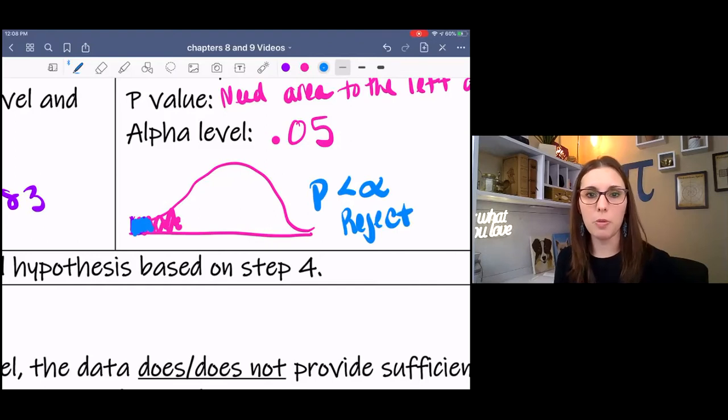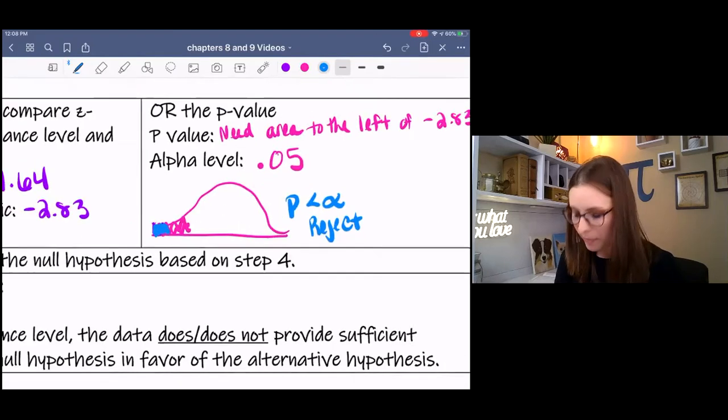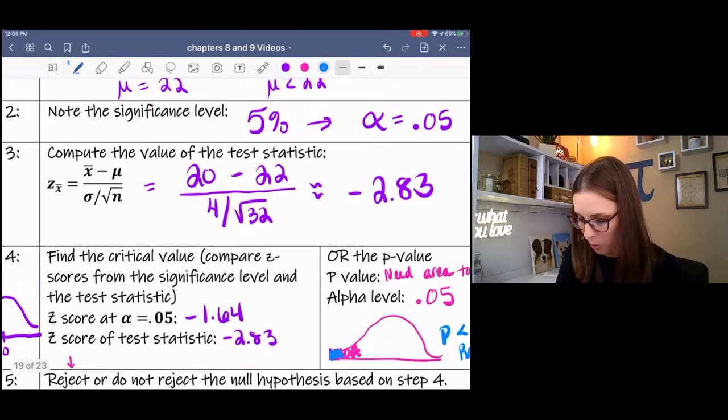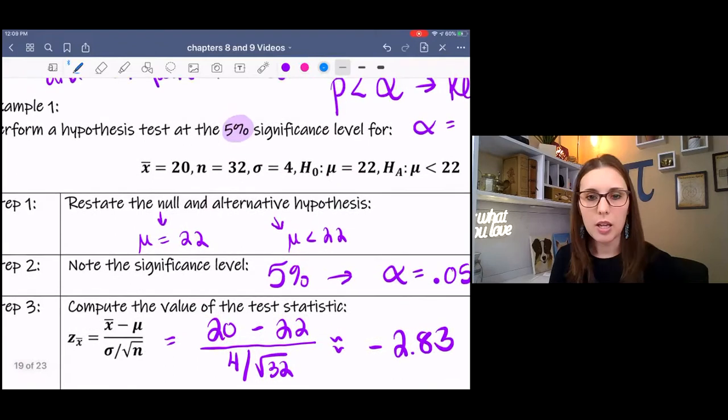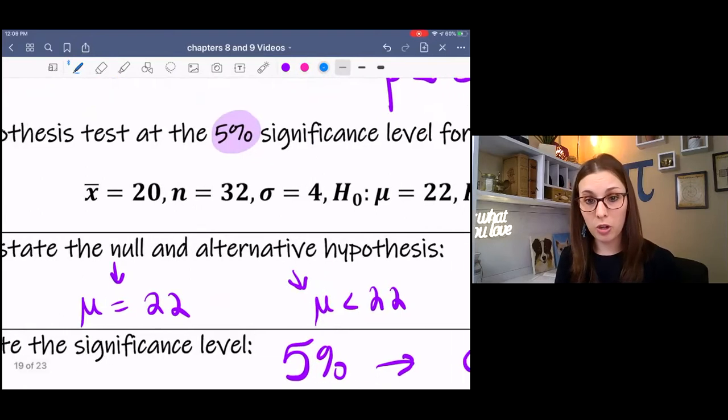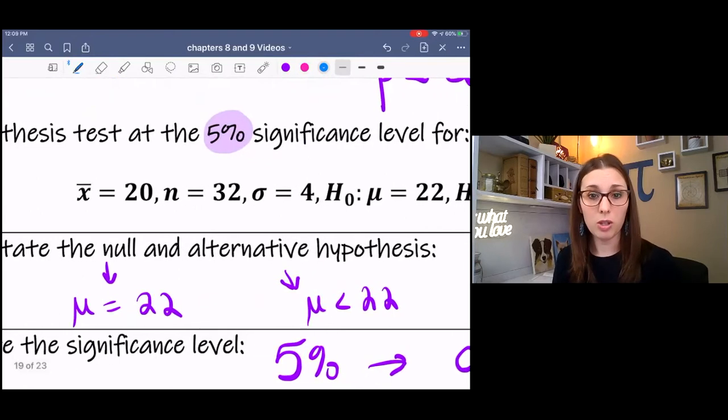Remember that P is the probability of getting that value, the mean of 20, assuming that the null is true. So the probability of getting a mean of 20 is 0.002, which is 0.2%, assuming that the null is true. So that's a really small percentage, which puts it in the rejection region.